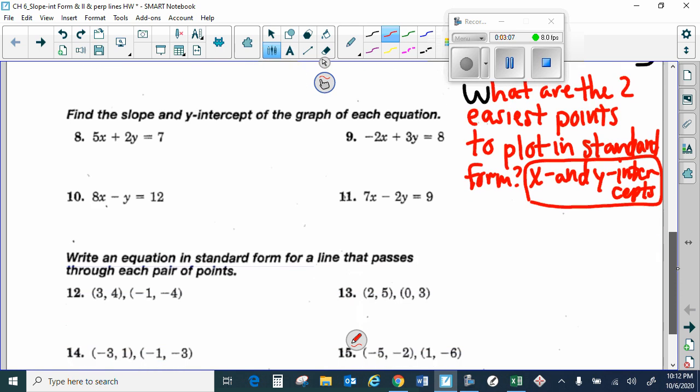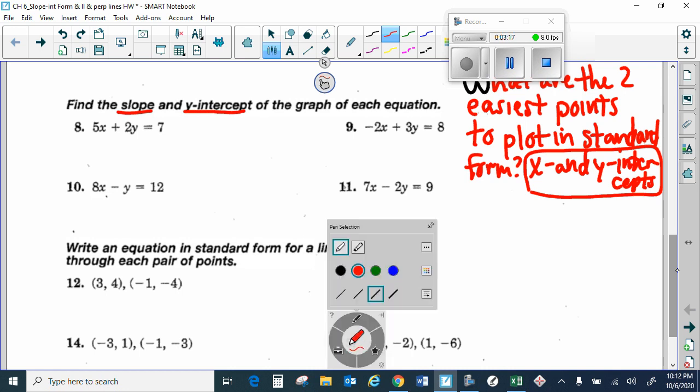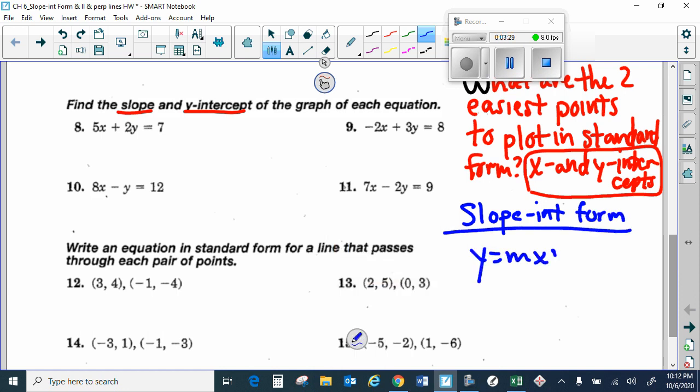All right. Next section, find the slope and the y-intercept. So if we want the slope and y-intercept, that means we're going to want to put it in slope-intercept form. So what is slope-intercept form? You should already know that big time from Algebra 1. Slope-intercept form. Y equals mx plus b.